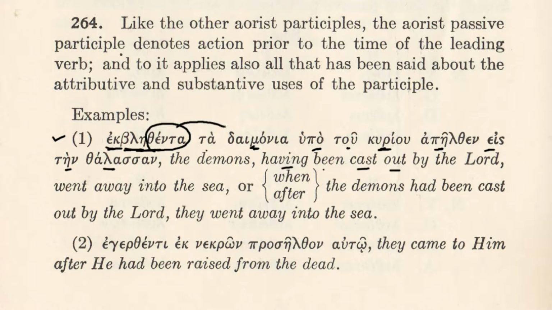Well, here I get my next information, ta daimonia. This is evidently going to be the subject of the sentence, and so I have ta daimonia, the demons, having been cast out, you see, aorist passive participle, hupo tou kuriou, by the Lord. But then notice here I have apeilthen.